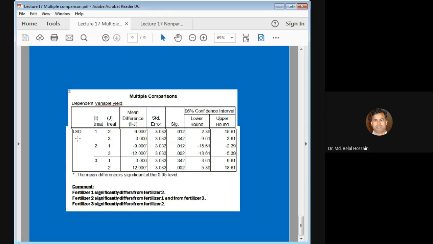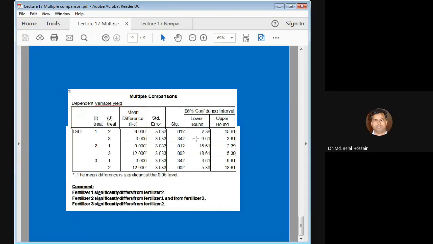We used LSD here. LSD is the most popular method of multiple comparison, so you will use this multiple comparison too. Do you have any question? No, sir.